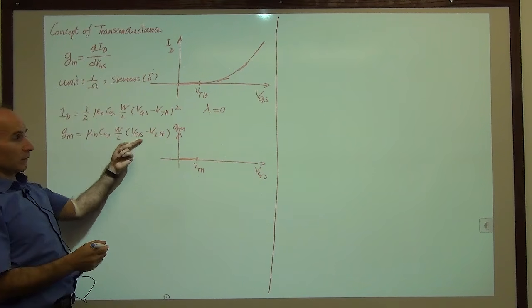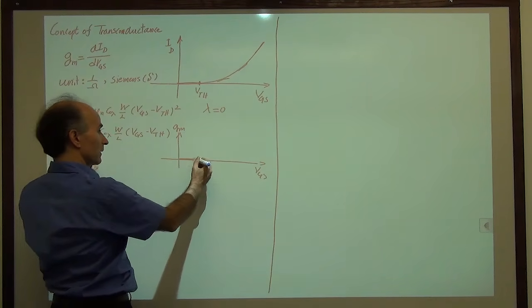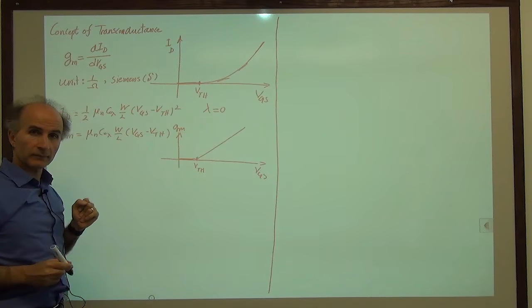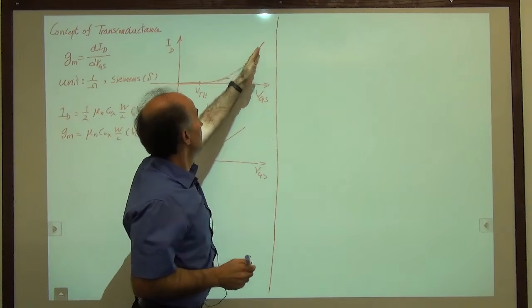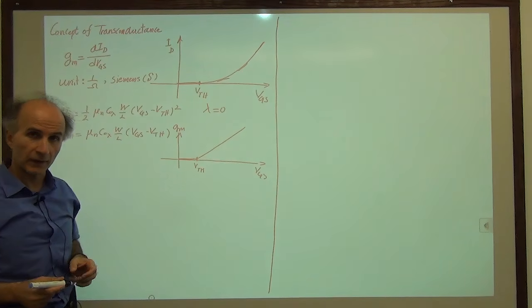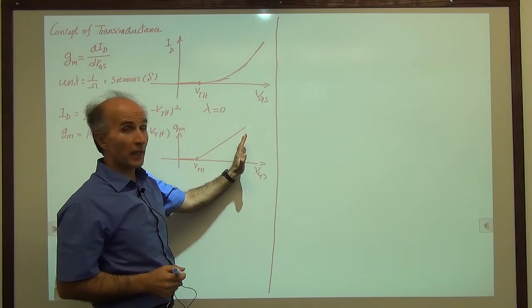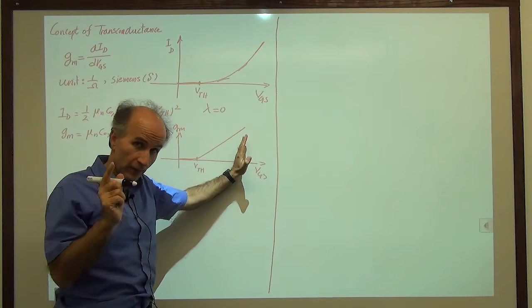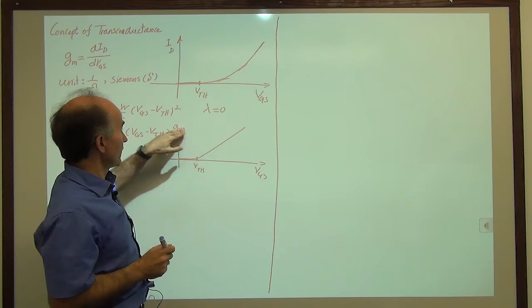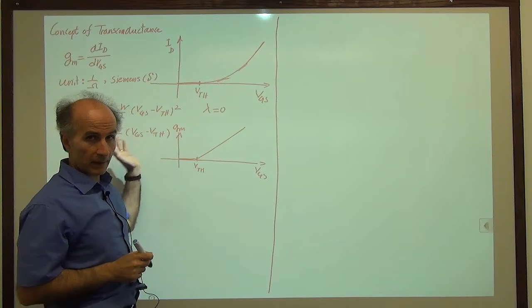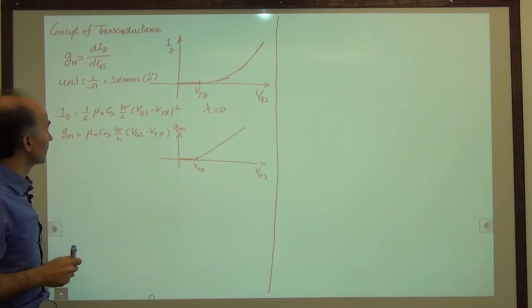And then beyond that, we have this simple straight line. So this slope keeps increasing. So if we bias the device here, we have a higher VGS, and we are still in saturation. That's the key. And then we have a higher transconductance. That's what this equation tells us.